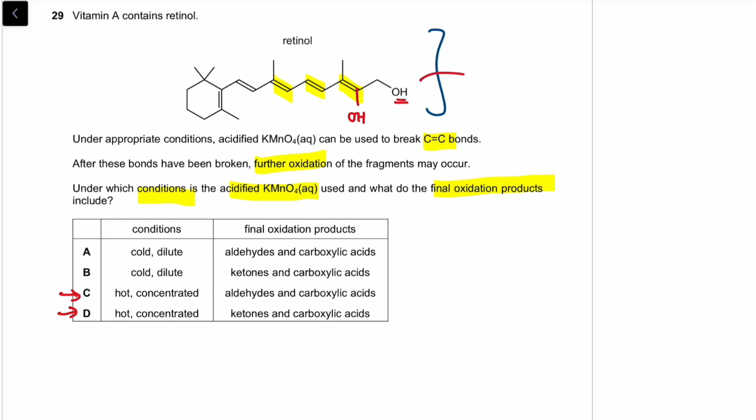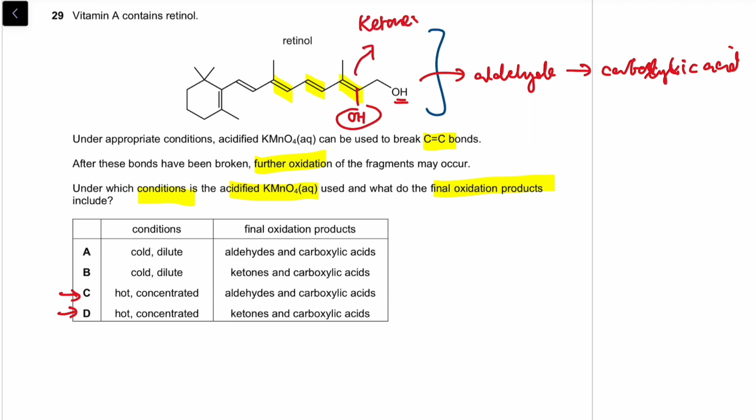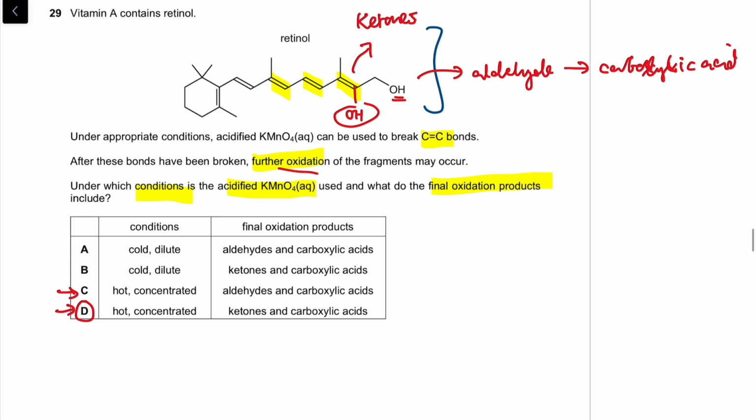This can be oxidized to an aldehyde and then to a carboxylic acid, while the OHs here can only be oxidized to ketone groups. Therefore, we end up with the answer being D. Now, because further oxidation occurs, the aldehydes don't remain and they actually undergo this transformation.